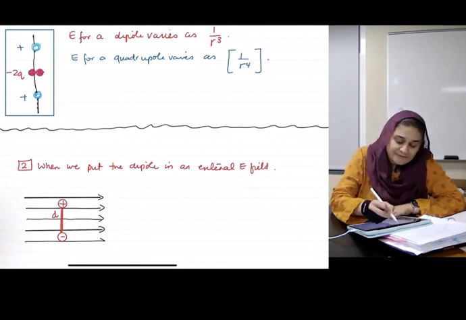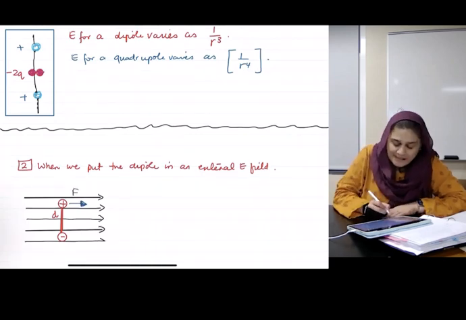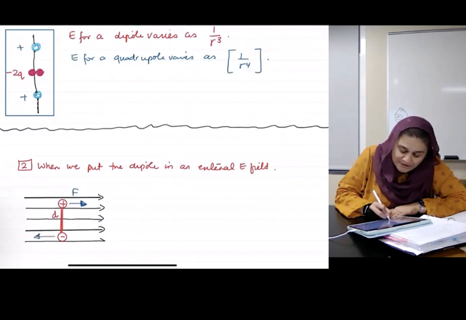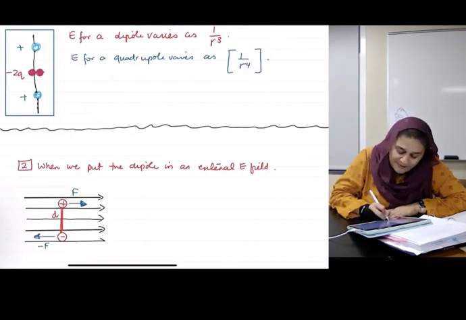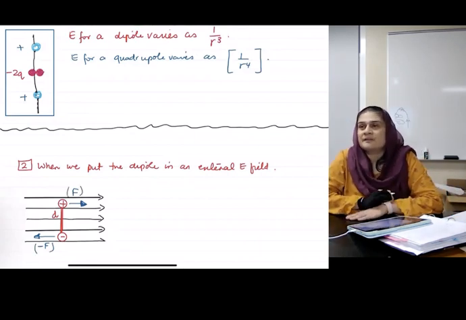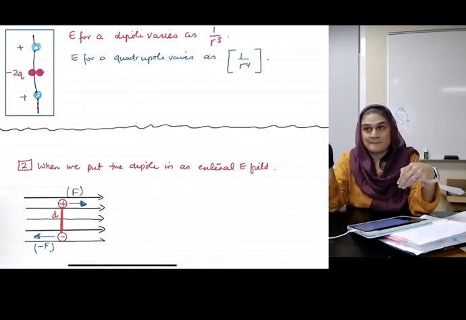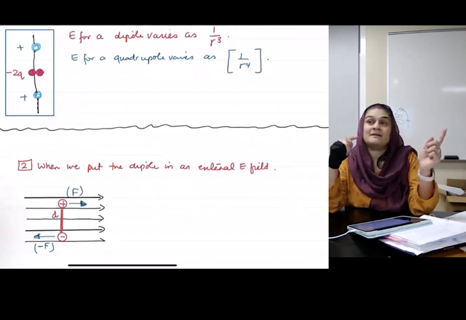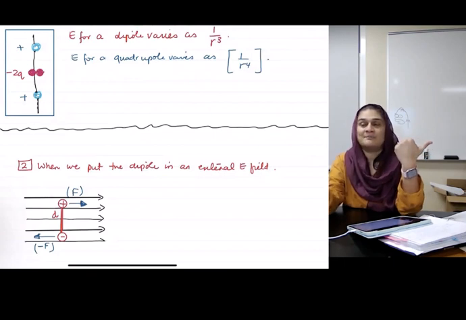So for the positive charge, it experiences a force, and then for a negative charge, that experiences a force. If I think about the magnitudes, is the magnitude equal? The force that the plus charge experiences and the minus charge experiences, correct? But the plus force going this way, force going that way, add one plus and one minus.